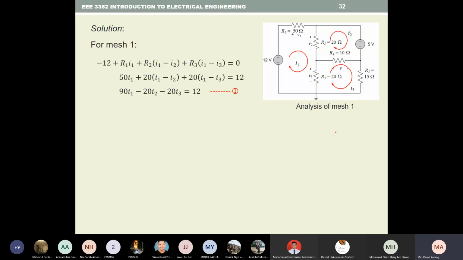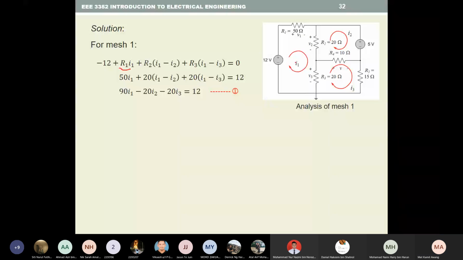Okay, now mesh number 1. Mesh number 1 is basically that 12 volts positive, minus V1. What is V1? V1 is basically I1 times R1. This is V1, minus V2.